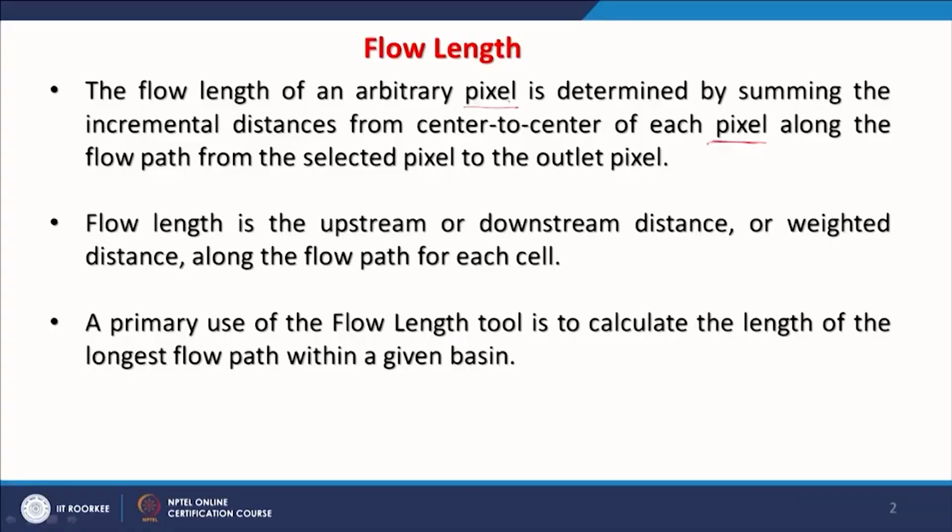Flow length is the upstream or downstream distance, or weighted distance, along the flow path for each cell. The primary use of this flow length derivative is to calculate the length of the longest flow path within a given basin, because this is very helpful while doing the modeling for floods. How much time water will take to reach the outlet or any other location within a basin depends on the flow length, how much distance it has to travel.